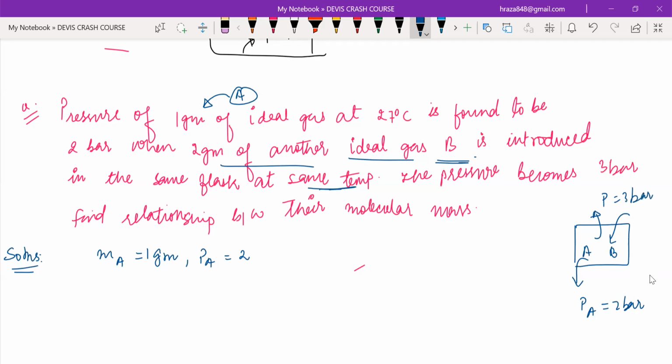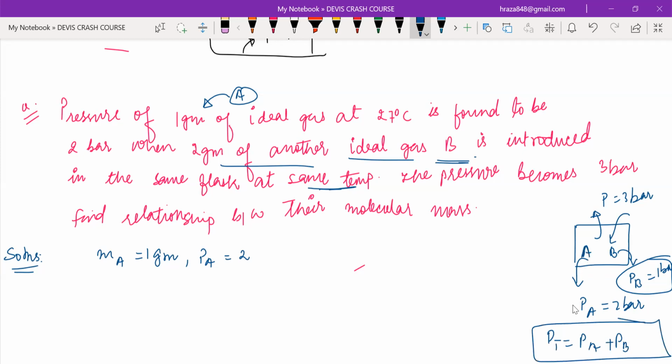So that means the pressure of B will be equal to 1 bar. The total pressure is the sum of all the partial pressures. Initially, when only A is present, the pressure was 2 bar. When B is introduced in the same flask, the pressure becomes 3 bar. Are you getting my point?